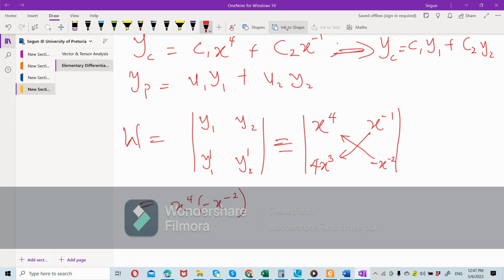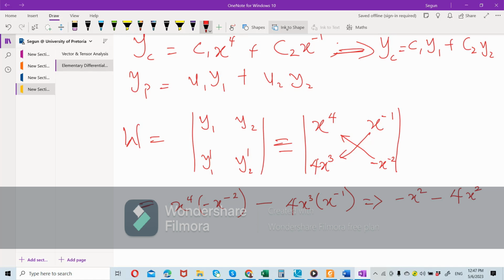Then 4s raised to power 3 multiplied by s raised to power minus 1. So when you solve this one, you have minus s squared minus 4s squared.